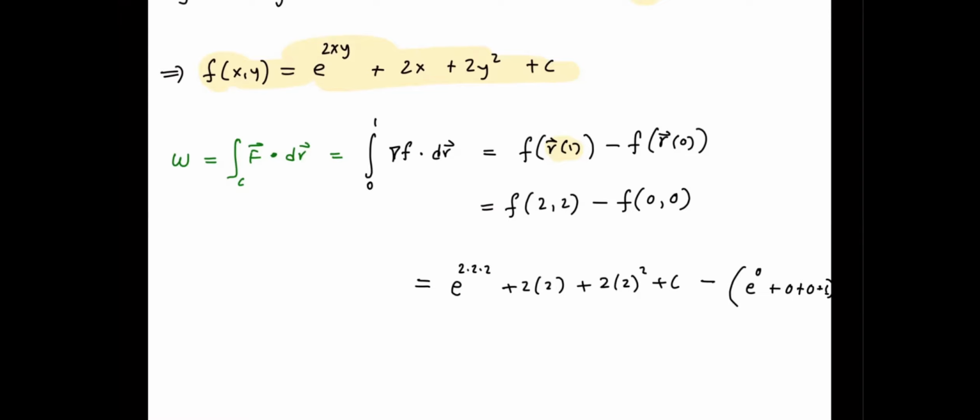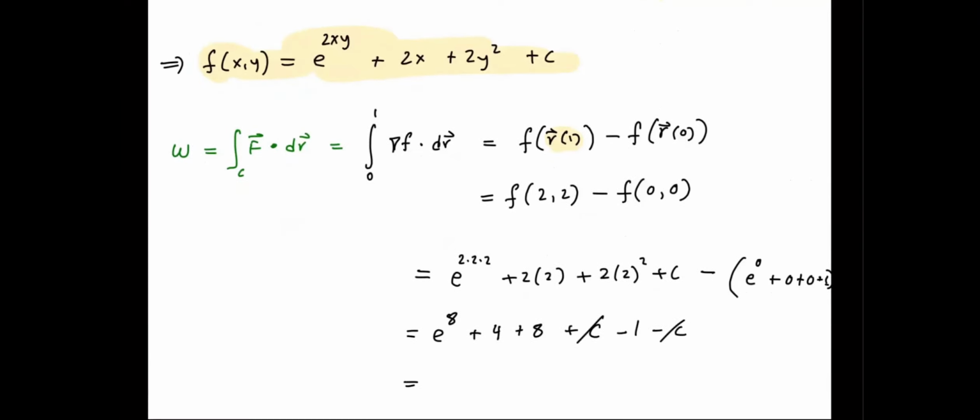As you can see, this will give you e to the 8, plus 2 times 2, that's 4, and then 2 squared, that's 4, times 2, that's 8, plus c. And e to the 0 is going to be minus 1, and then we have minus c. So these will cancel out. Now we can simplify. This will be e to the 8 plus 11. That will be the work done along that path by the field.